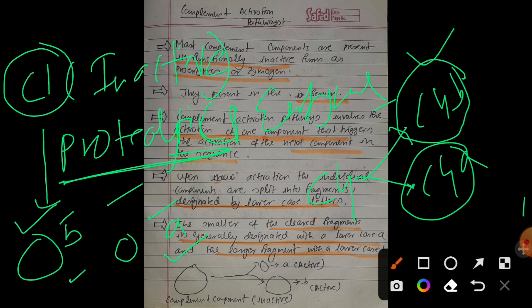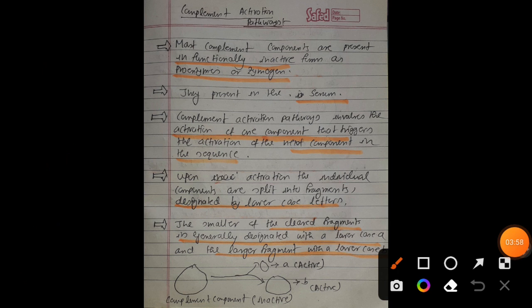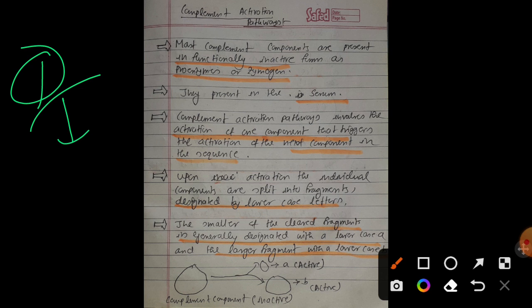Now here there is an important part: each and every complement pathway is a series of reactions. If we take the example of one complement pathway, first one complement component will be activated. Let's say I am taking again the example of C1. This activated C1 will activate C2.